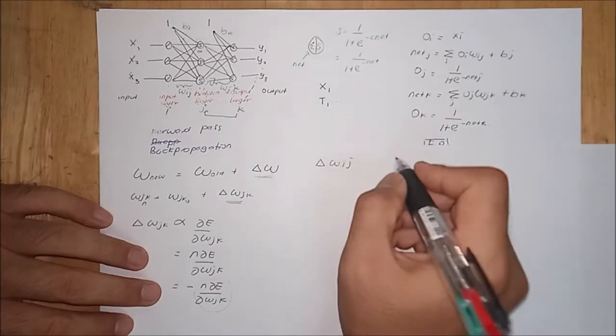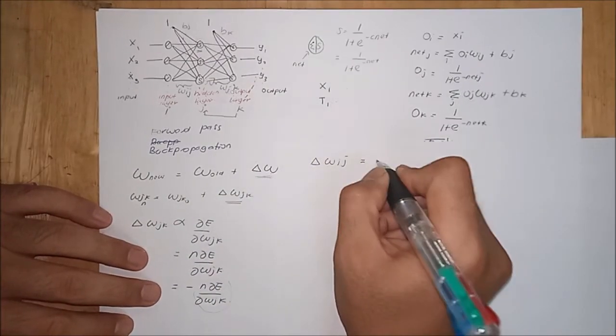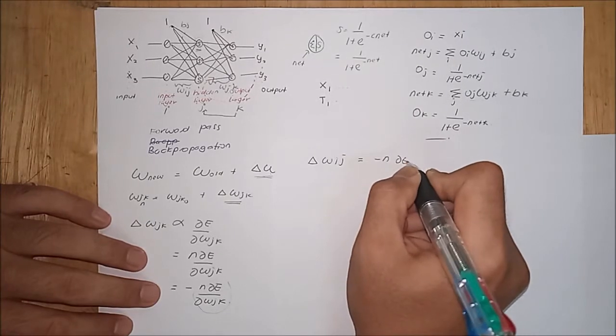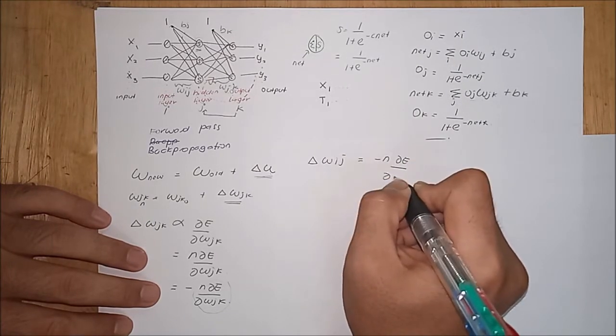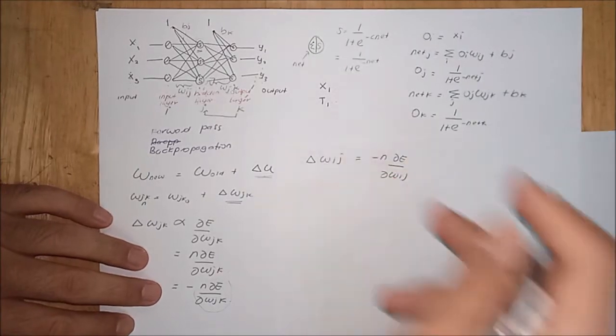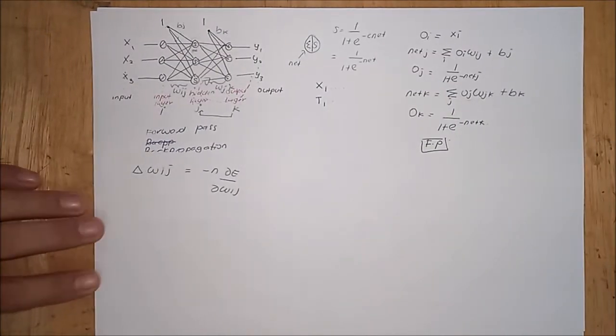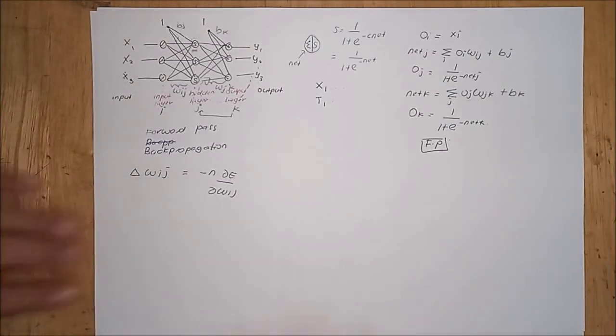Delta Wij will be equal to negative n dE over dWij, since we are interested in finding the change of weight with respect to this particular layer.